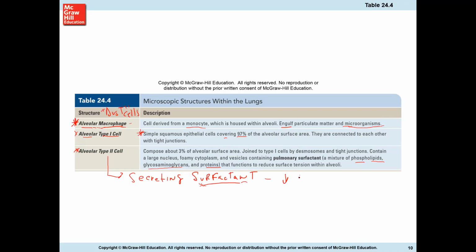That's its job. Surface tension. Because remember, the walls of these alveoli are just light, simple squamous epithelium, and the lumens are filled with air. And they're operating under pressure, right?